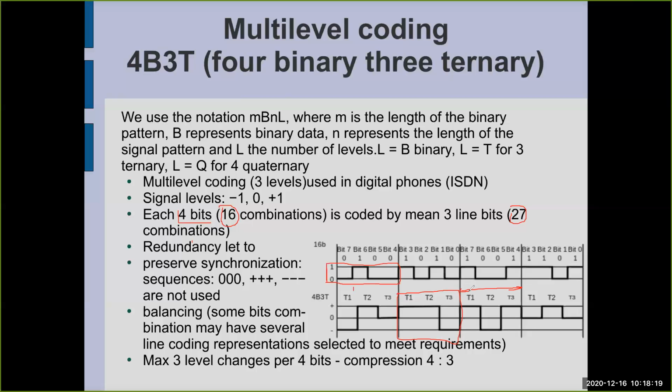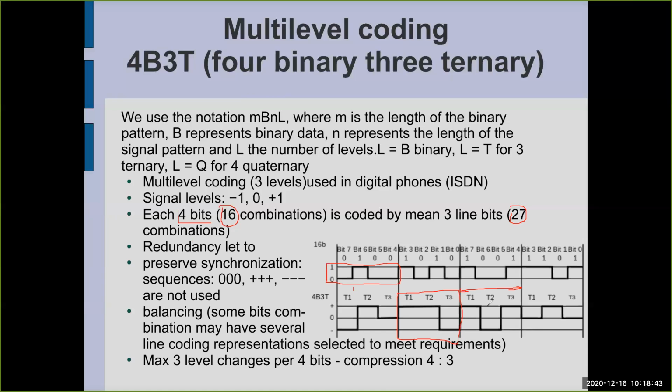This ensures that I can apply self-synchronization. Even if the receiver and transmitter base times are slightly different, every 3 bits the receiver will be able to synchronize.